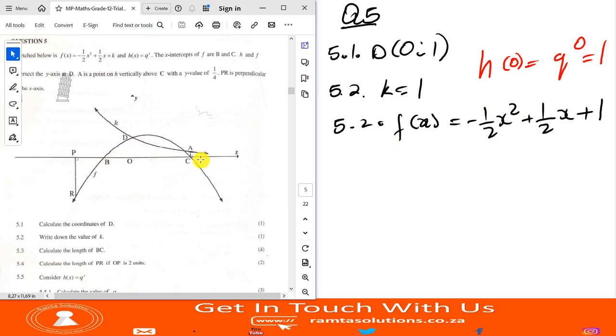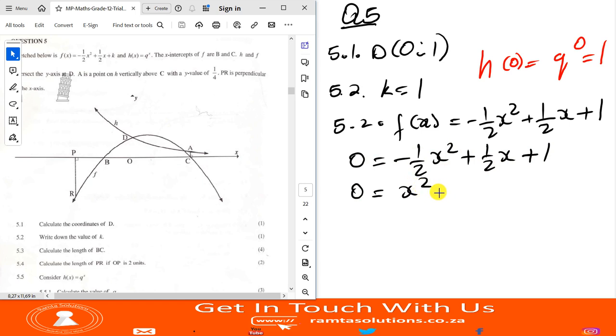B and C are x-intercepts, so f of x must be 0. So 0 equals negative half x squared plus half x plus 1. Multiplying by -2 throughout, we get 0 equals x squared minus x minus 2. Therefore 0 equals (x minus 2)(x plus 1).